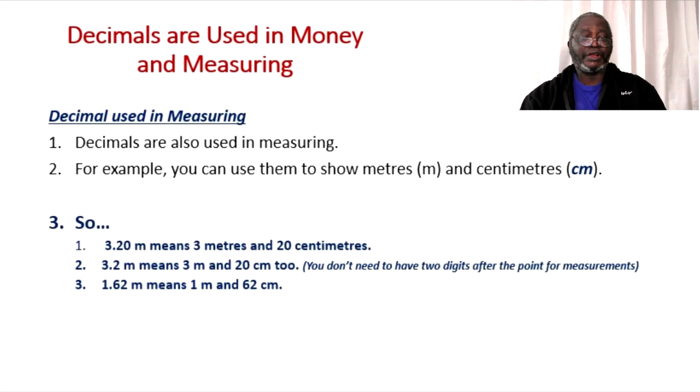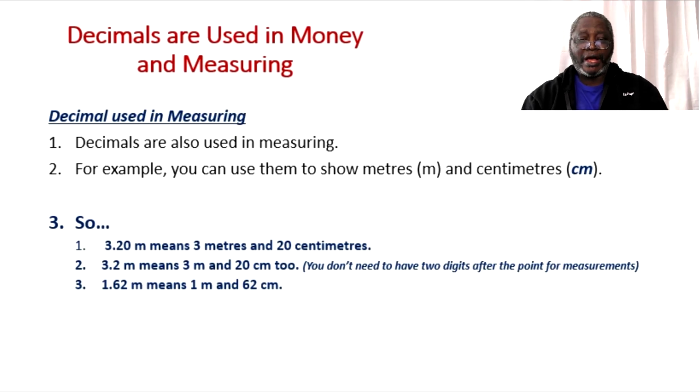Decimals are also used in measuring. For example, you can use them to show meters and centimeters, cm. So 3.20 meters means 3 meters and 20 centimeters. 3.2 meters means 3 meters and 20 centimeters too.